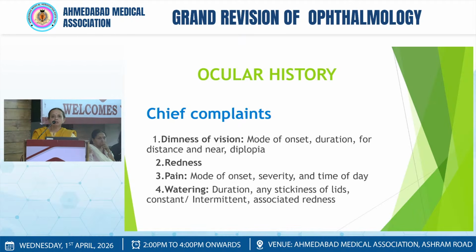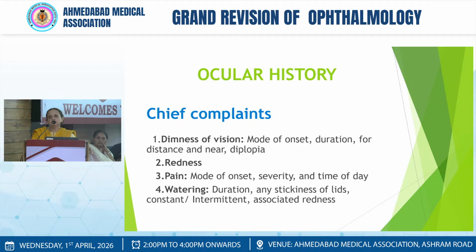So usually from the history part, depending upon the patient's complaint, you get some clue about the diagnosis. Second is redness of the eye. Third is pain in the eye. What is the character of the pain? Whether it is dull aching pain, severe throbbing, unbearable pain, in which part of the day that pain is more.